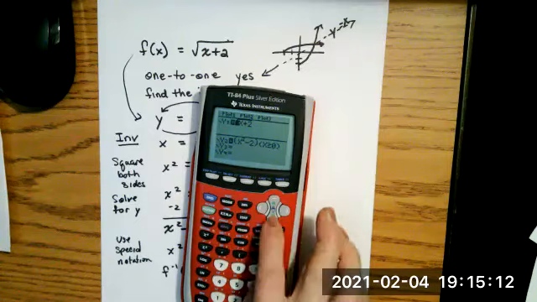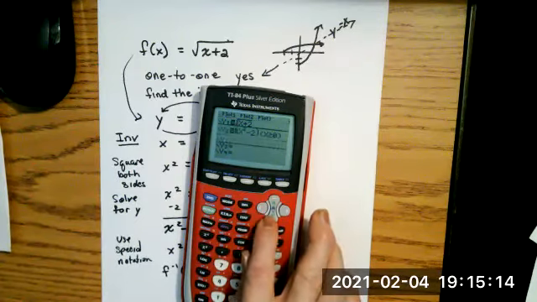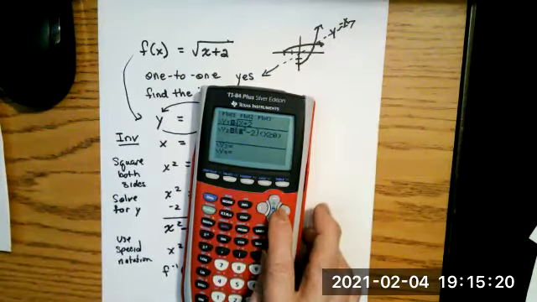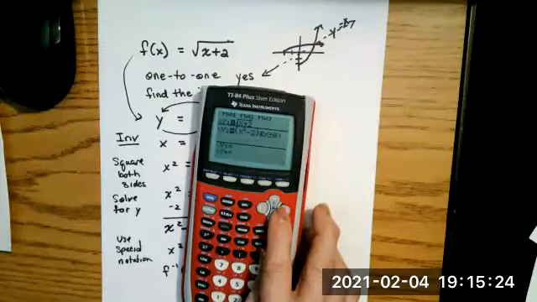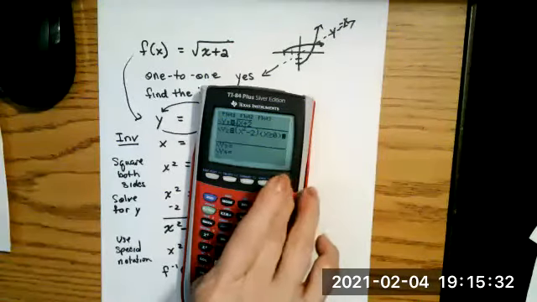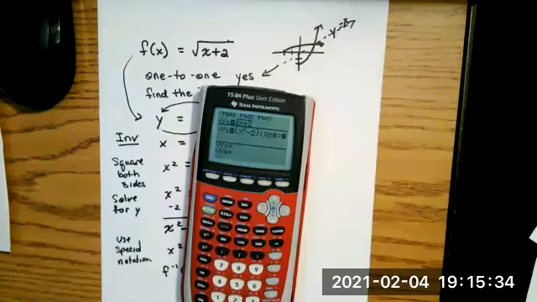But in this second one, I think the easiest way to do it is just to put your problem in a parentheses, and then behind that problem, put your domain. See, this part right here is the domain. X is greater than or equal to 0. And that will only let you graph the part where x is greater than or equal to 0.